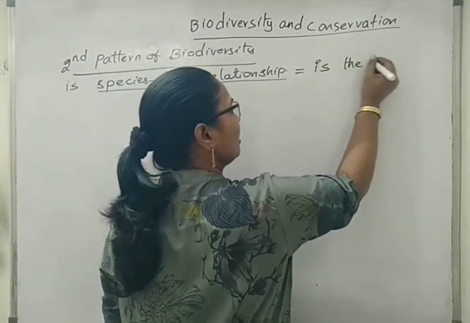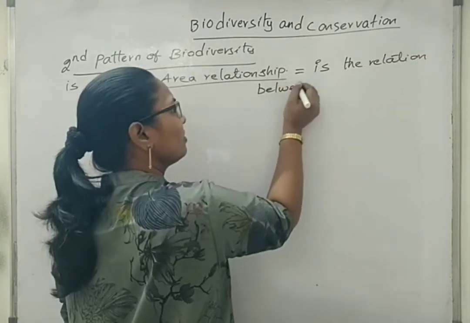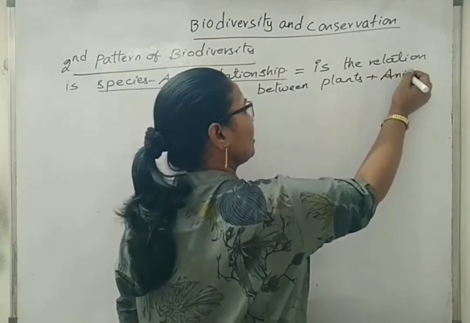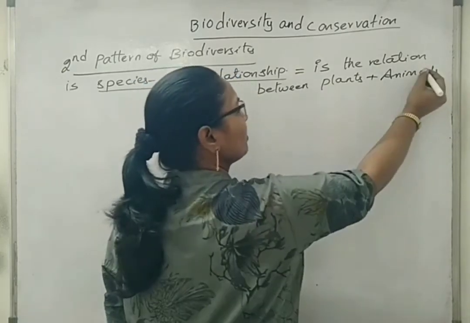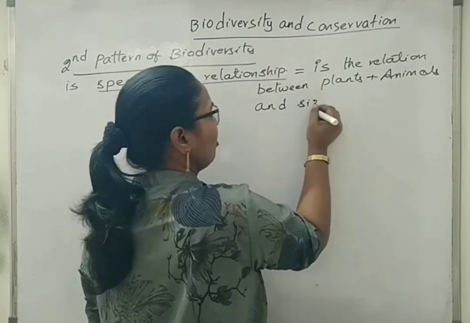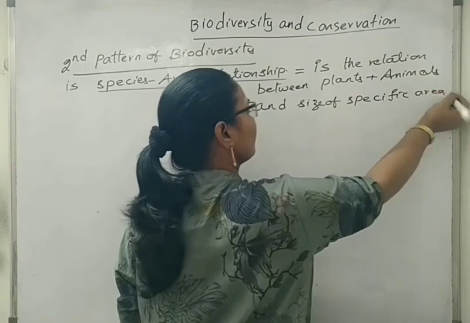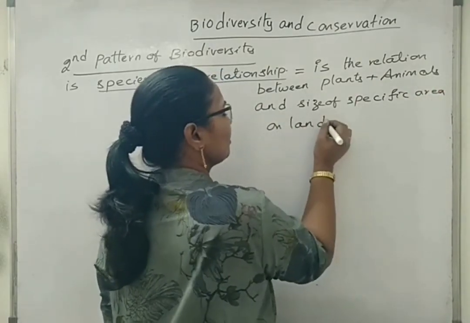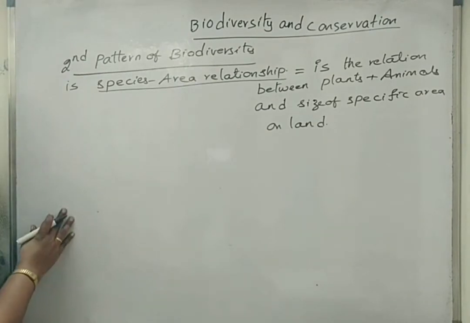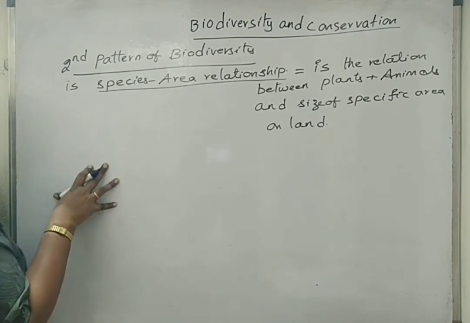It is the relation between plants and animals and size of specific area on land. This is called the species area relationship. It explains that as area increases, the species diversity also increases, but that is only up to a certain level.